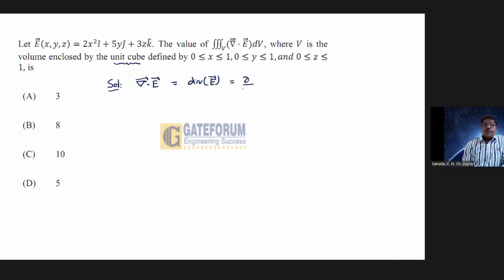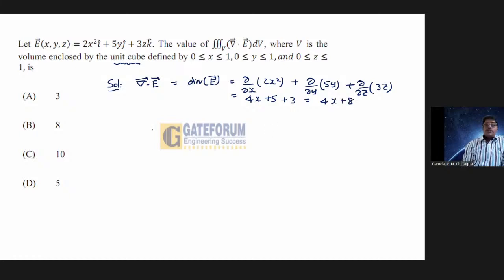Dou by dou x of the coefficient of i cap, that is 2x square, plus dou by dou y of the coefficient of j cap, that is 5y, plus dou by dou z of the coefficient of k cap, 3z. With respect to x, the derivative of 2x square is 4x. With respect to y, the derivative of 5y is plus 5. With respect to z, the derivative of 3z is 3. So this simplifies to 4x plus 8.